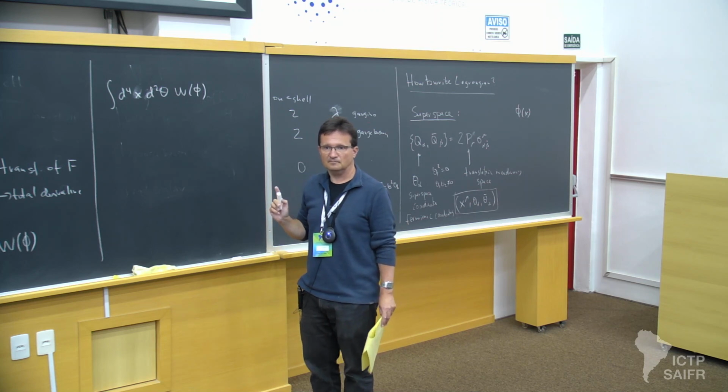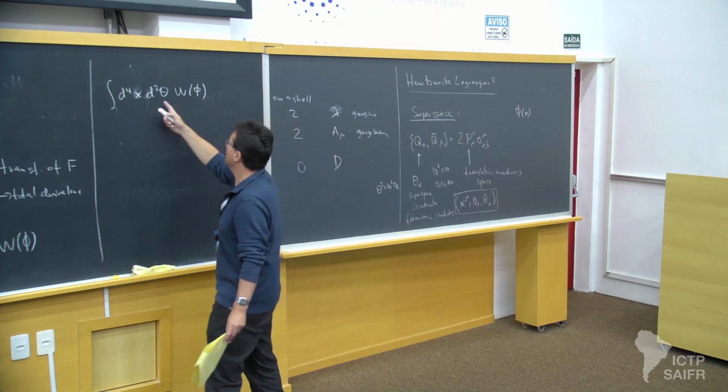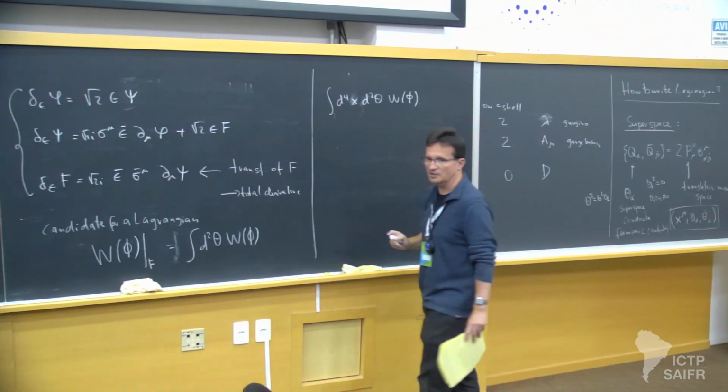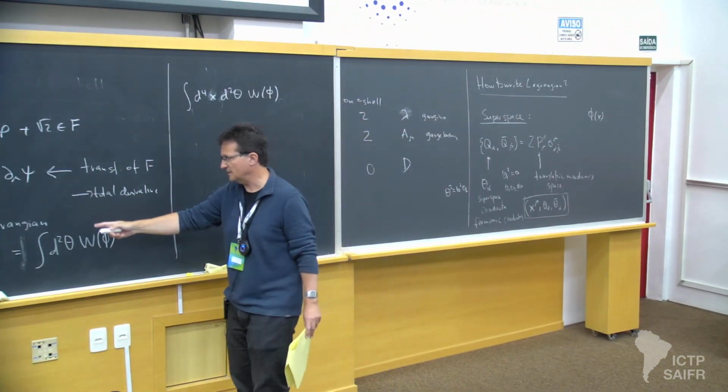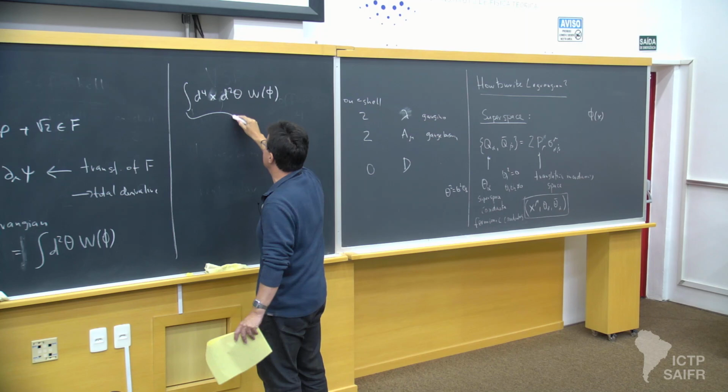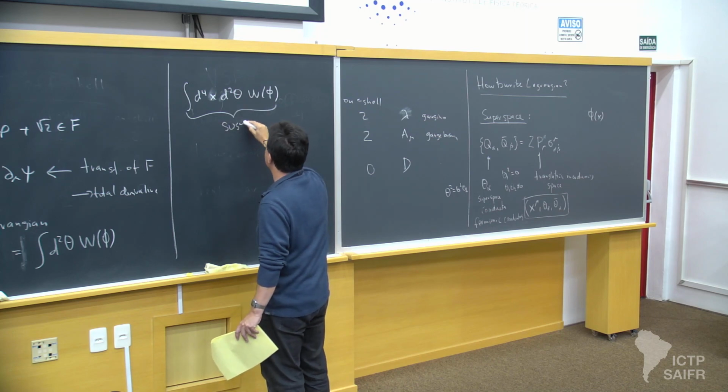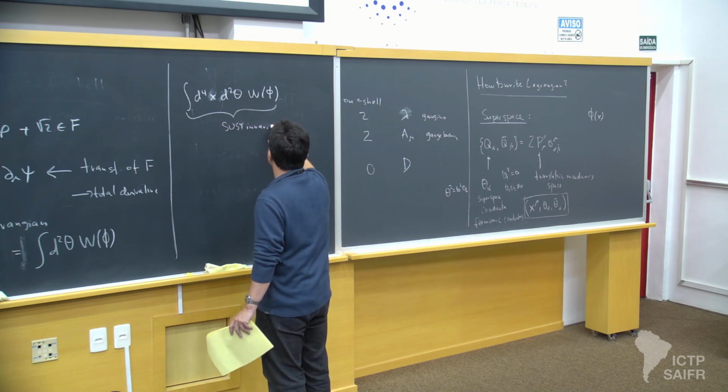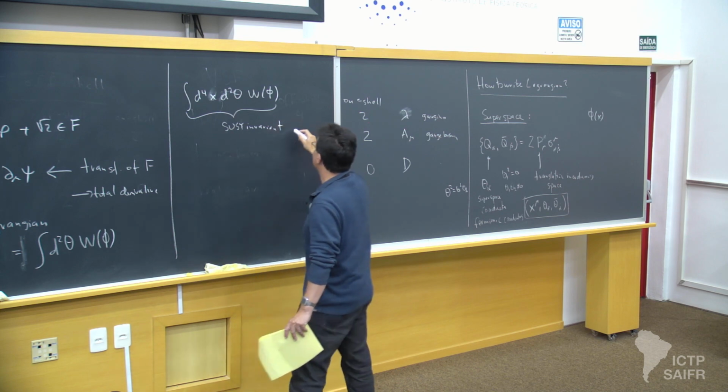Because once I do the integral over space-time, because it was a total derivative, this is supersymmetrically invariant. So this is SUSY invariant, and looks like a Lagrangian, looks like an action.